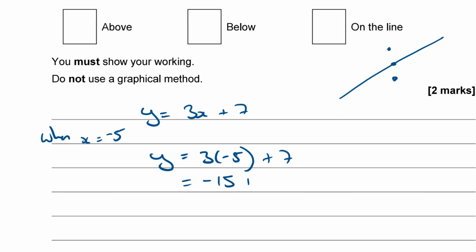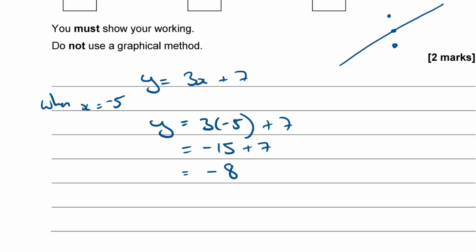So that's minus 15 plus 7, and minus 15 plus 7 is going to be negative 8. Okay, so this then has a coordinate of (-5, -8). That's the point that lies on the line.